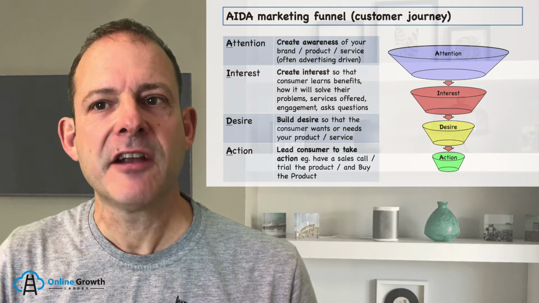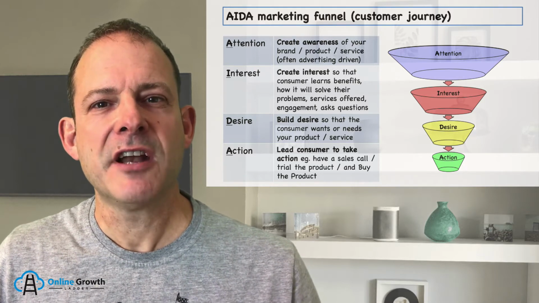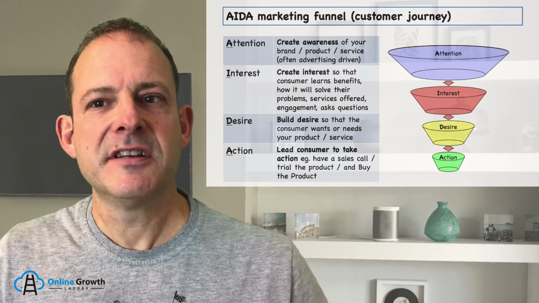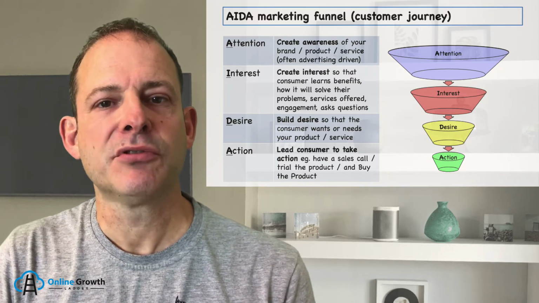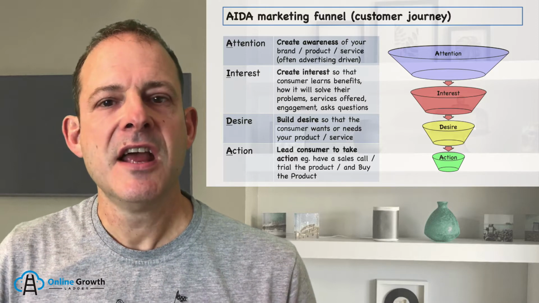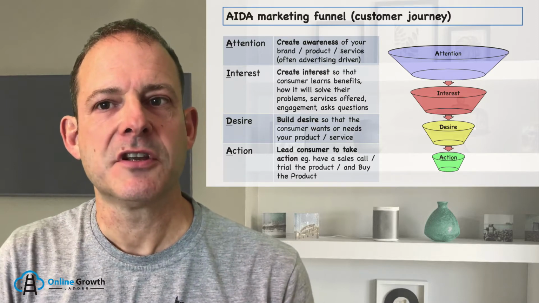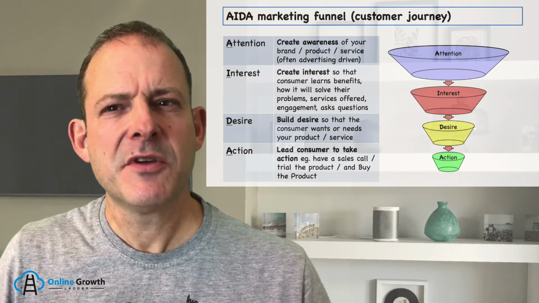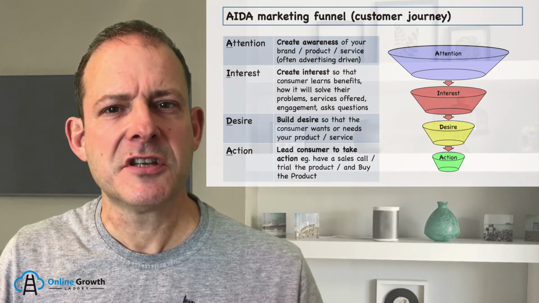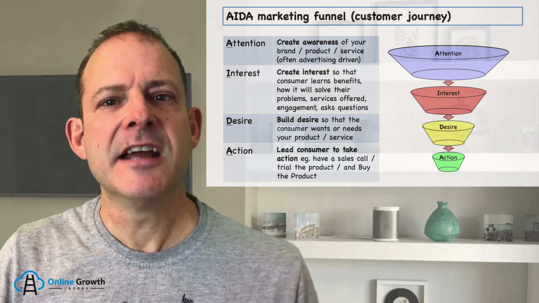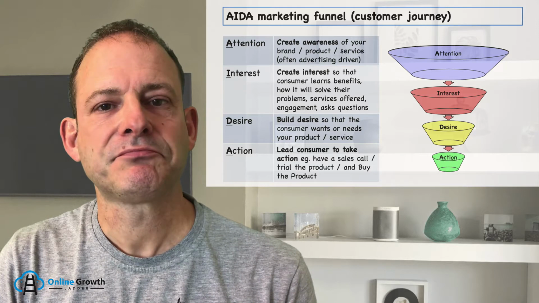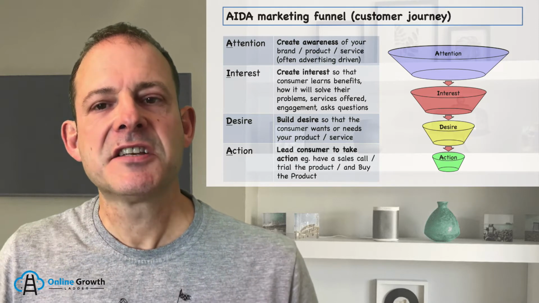So we're trying to generate consumer interest in learning the benefits of what our product or service will provide, how it's going to solve the problems of the consumer, and what the services are that are offered. We're really trying to engage with the user in this phase. The D stands for desire.